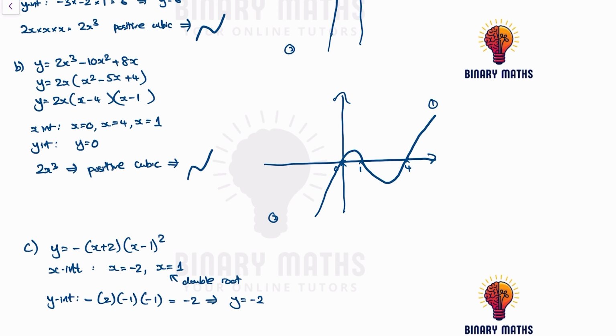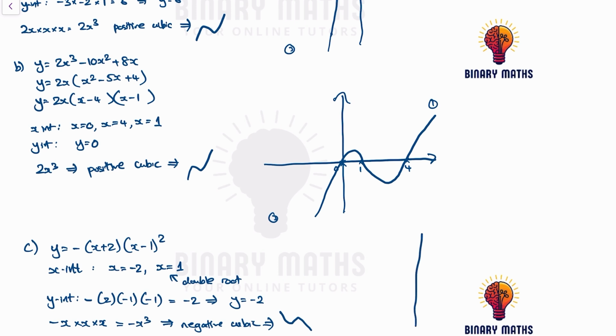And if you multiply out the brackets, you get negative x times x times x from all three brackets, which gives you negative x cubed, which implies it's a negative cubic graph, which implies it's going to start off at quadrant 2, end up at quadrant 4.